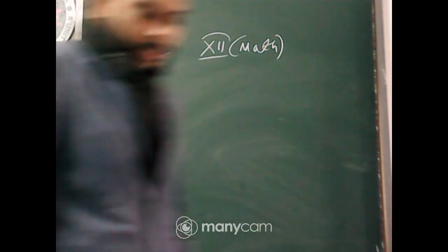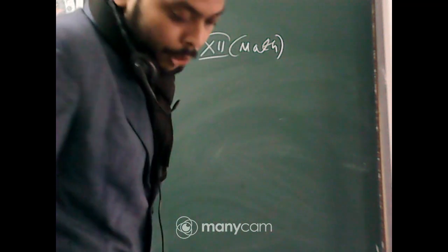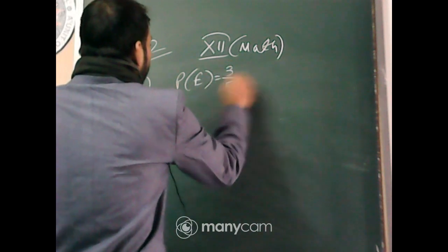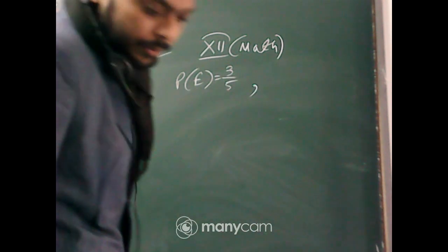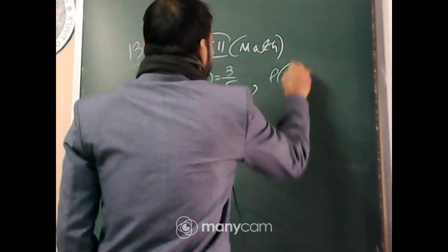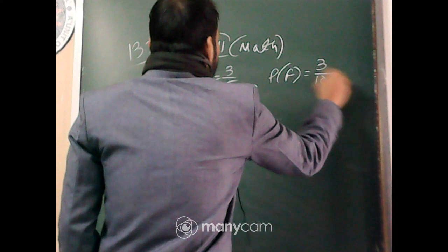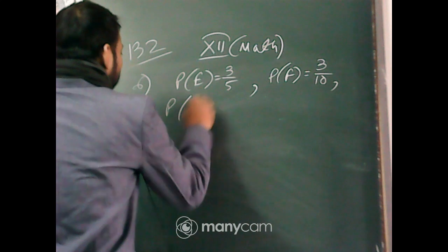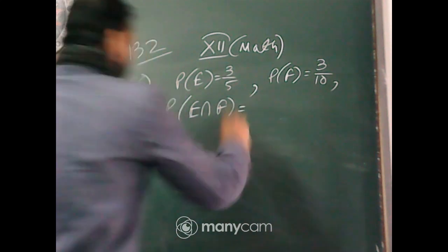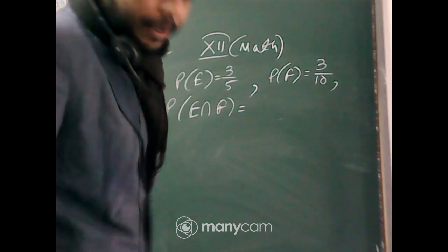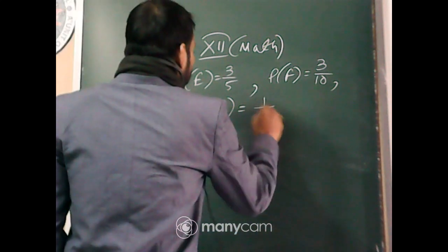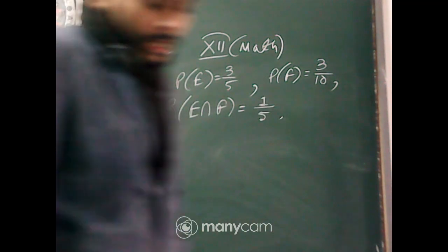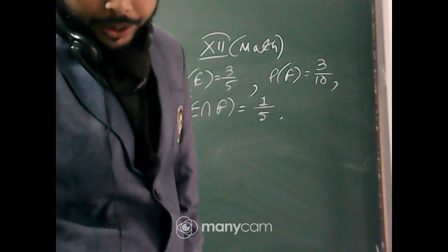In question number 6, E and F are events with P of E 3 by 5, P of F 3 by 10, P of E intersection F that is 1 by 5. Are E and F independent? Check it, do it both.